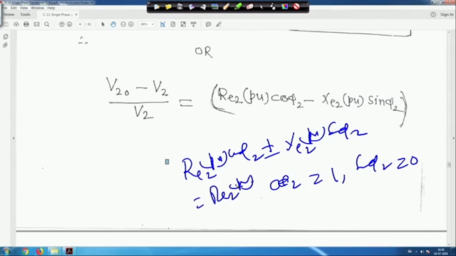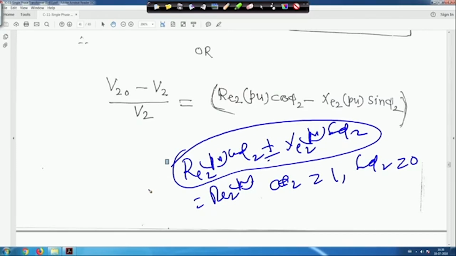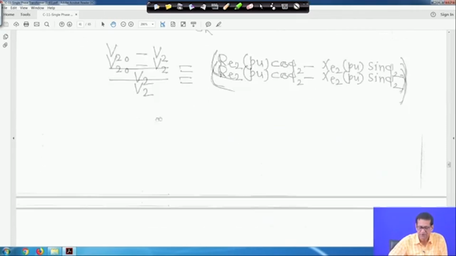If it is a lagging power factor, it will be plus this term, if it is a leading power factor, it will be minus. You have to keep this in your mind in general. So, if you remember only this formula: for unity power factor phi 2 is 0, for lagging power factor the sign should be plus, and for leading power factor the sign should be minus.